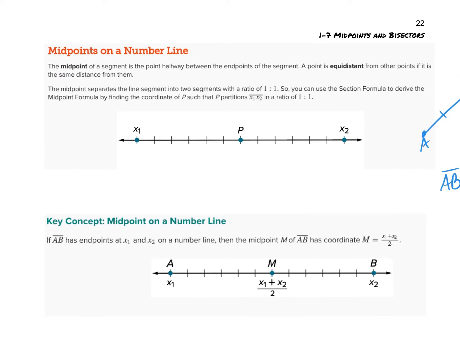Now, when you think of midpoint, I want you to think of middle or center, okay? Because by definition, the midpoint represents the very center or middle of a line segment.